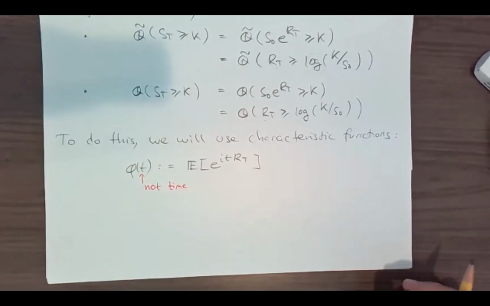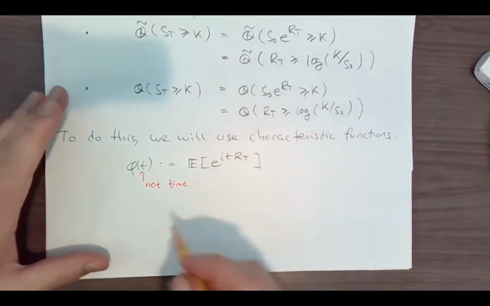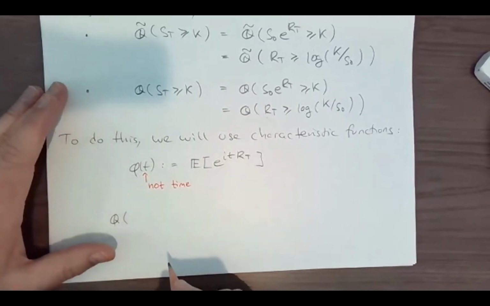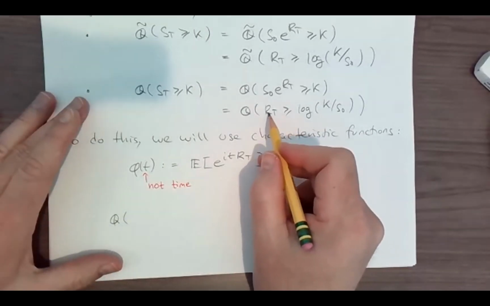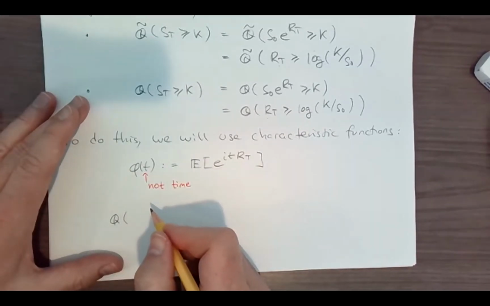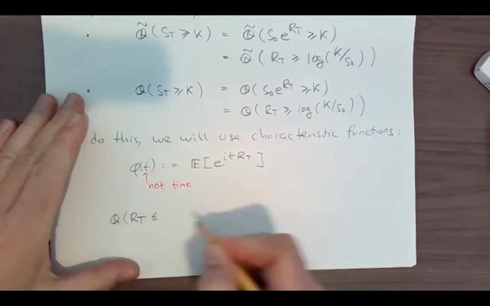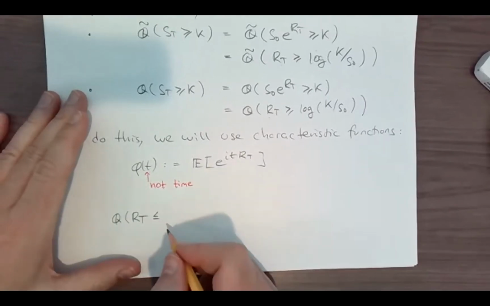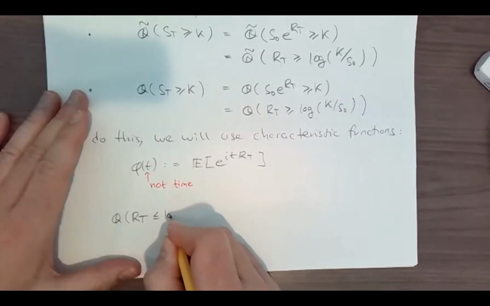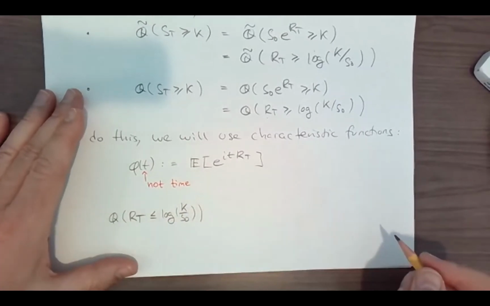And then I'll get back the probabilities over here. I'll get then that Q of the distribution. We have to flip this thing here. So this is going to be R_T less than, what should we call this, X. Maybe just write it out, log K over S naught. I can get this thing back.